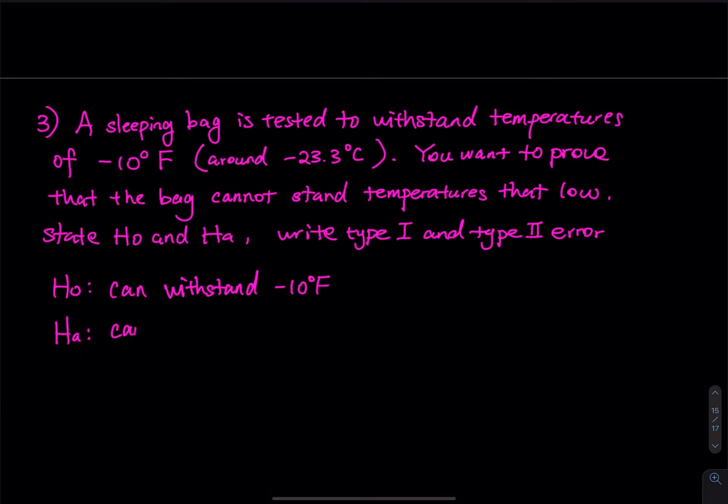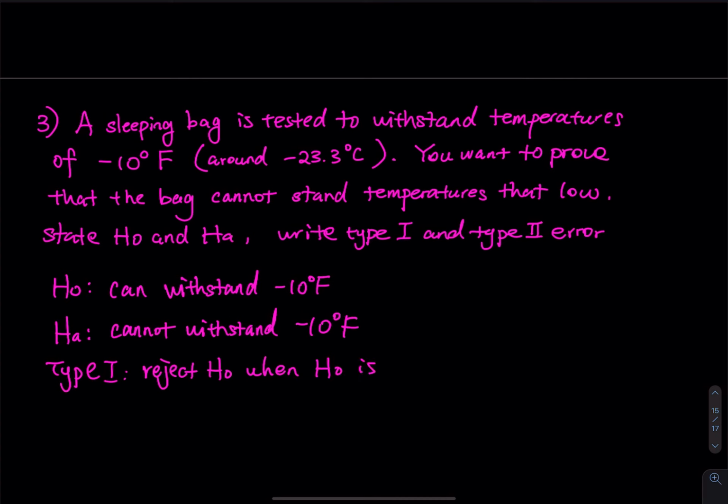The opposite, cannot withstand negative 10 degrees Fahrenheit. So what is type 1 error? Type 1 error is you reject H0, so reject H0 when H0 is true in reality.